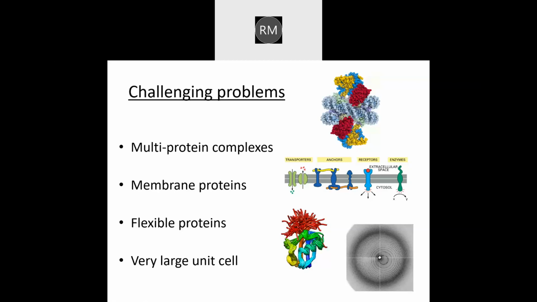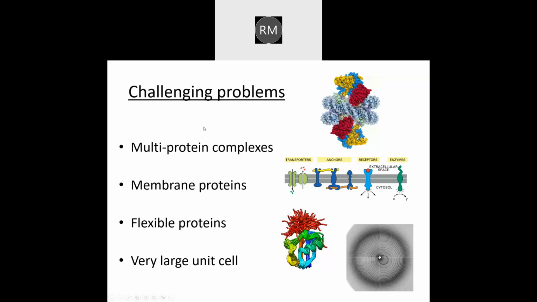Such big structures form crystals in a very difficult way. We have to engineer the protein. We have to try different conditions to get the crystal. So many of these big multi-protein complexes, DNA-protein complexes, RNA-protein complexes, don't form crystals very easily. So that is a big problem for X-ray crystallography to determine their structures.